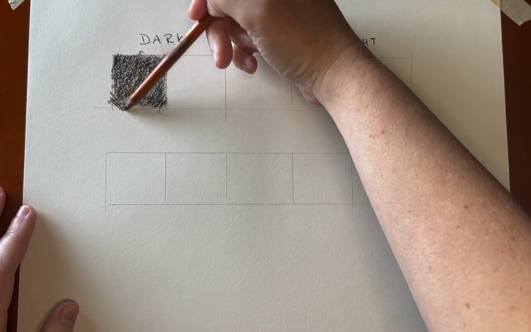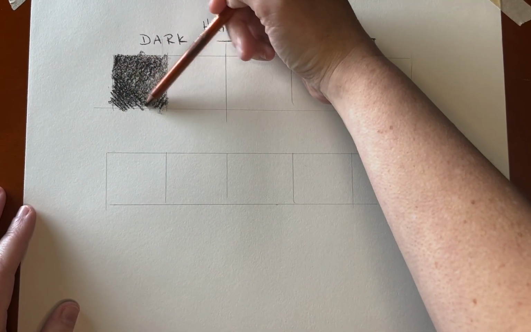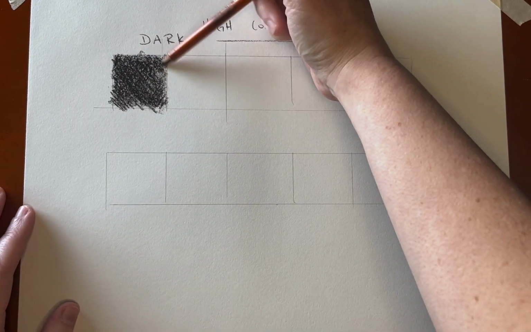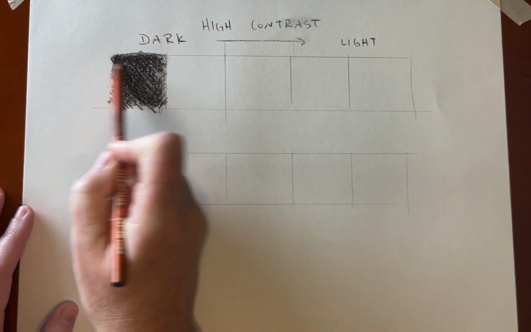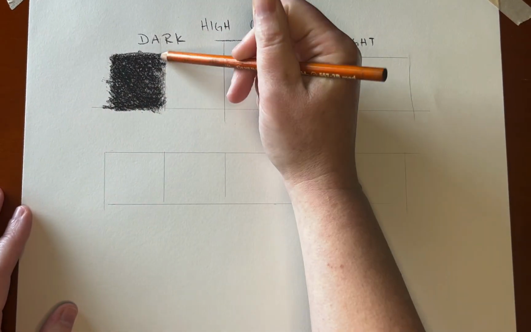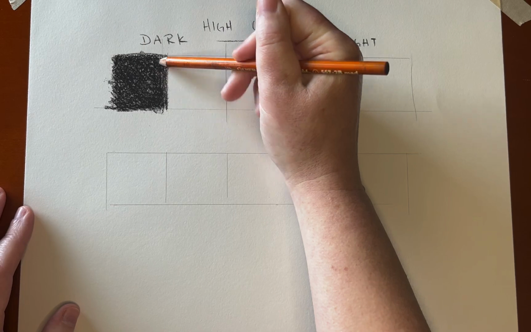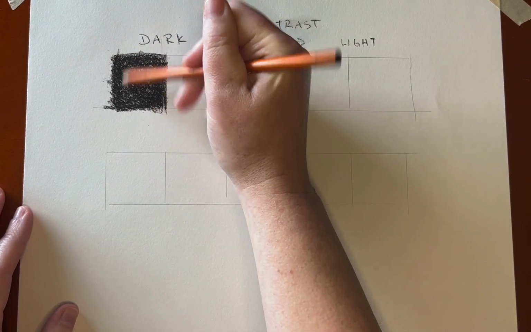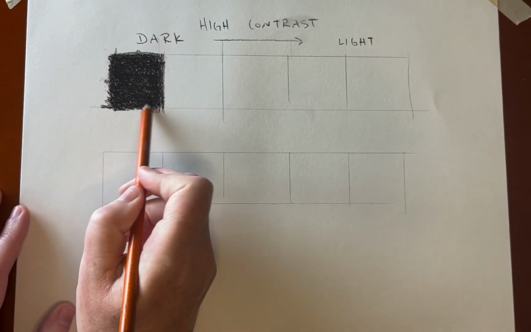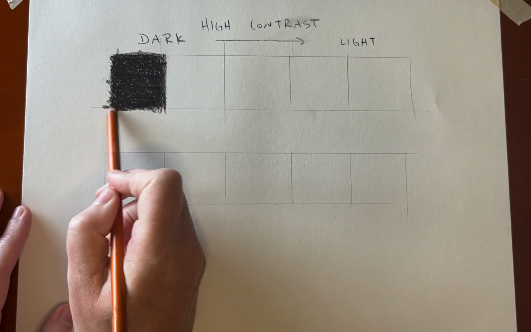And I'm just going all different angles to get this really, really dark. So the value scale is going to help us in our drawing make comparisons to what the darkest part of the drawing is and the lightest part of the drawing. Sorry, I'm shaking the table a lot.